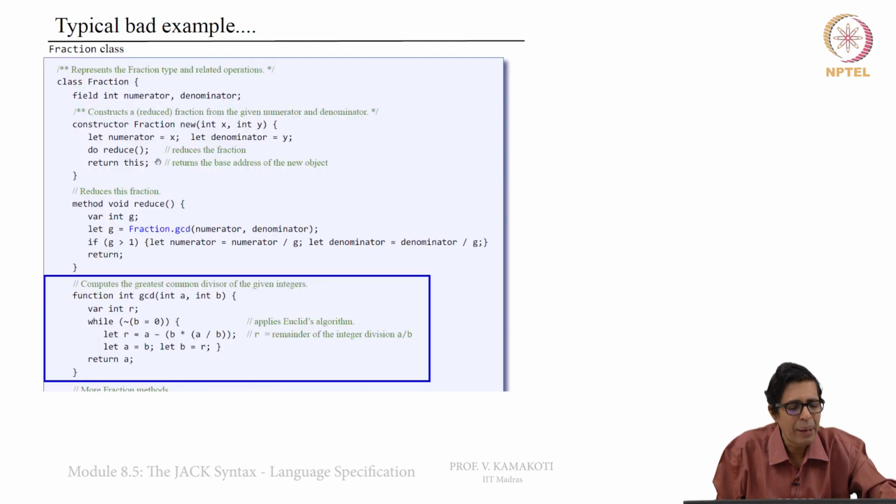So this is a very bad example. In our fraction itself, we had a function which is a utility function. It was a part of the fraction, so somebody has to instantiate a fraction to start using it, and nobody else can use it from outside. Only fraction.gcd can use it.